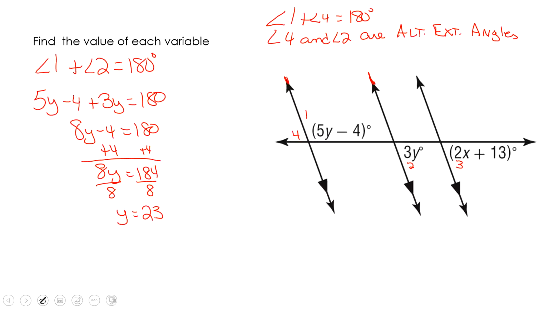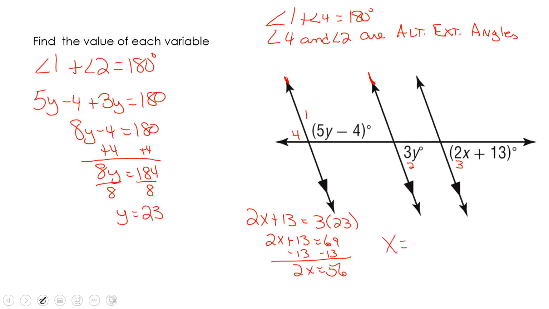So my equation is 2x plus 13 equals 3 times 23, or 69. So I end up with 2x plus 13 equals 69. I subtract 13 from both sides, and get 2x equals 56. So x now equals 28. And I've solved for each variable.